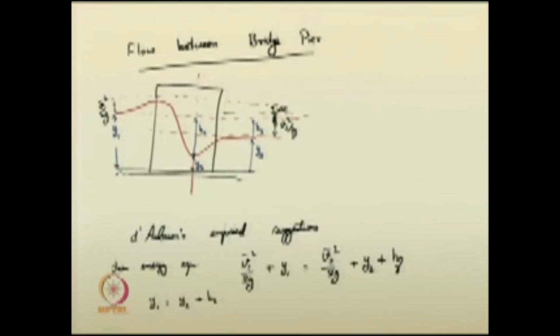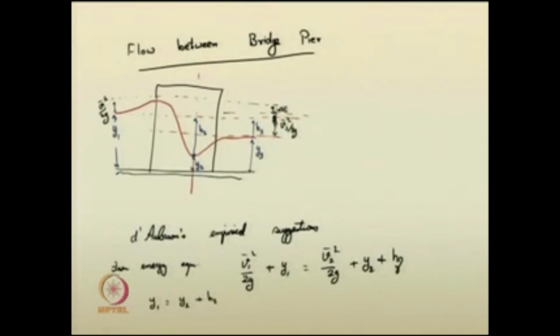So, Dobson's method: he approximated that there is no frictional loss, h f approximately equal to 0. Recall the previous equation, where h f is the head loss due to friction.